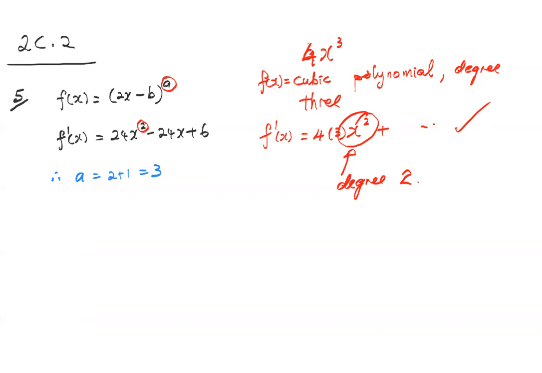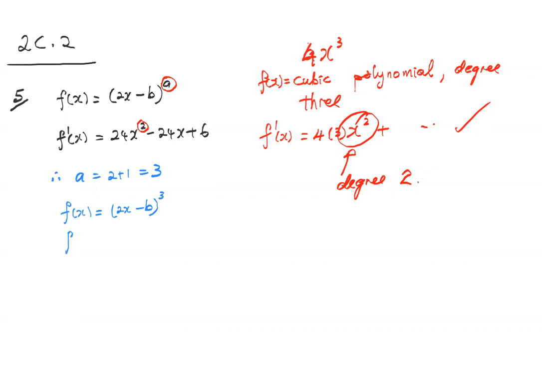Okay, so now I have my f(x) equal to (2x minus b) cubed, right? So what am I going to use to differentiate this? Definitely I use chain rule.